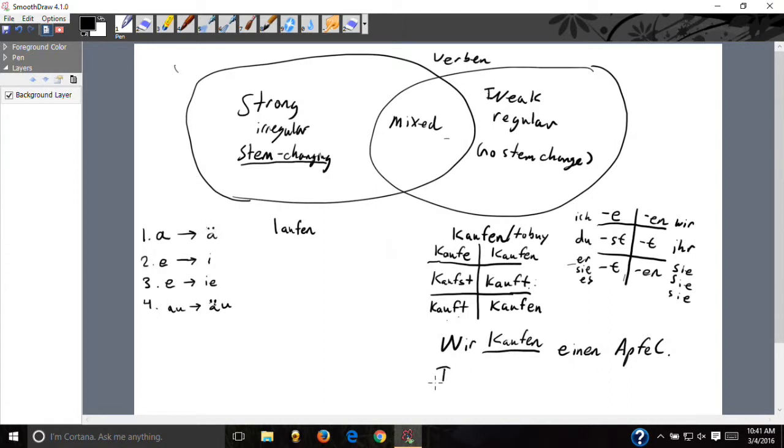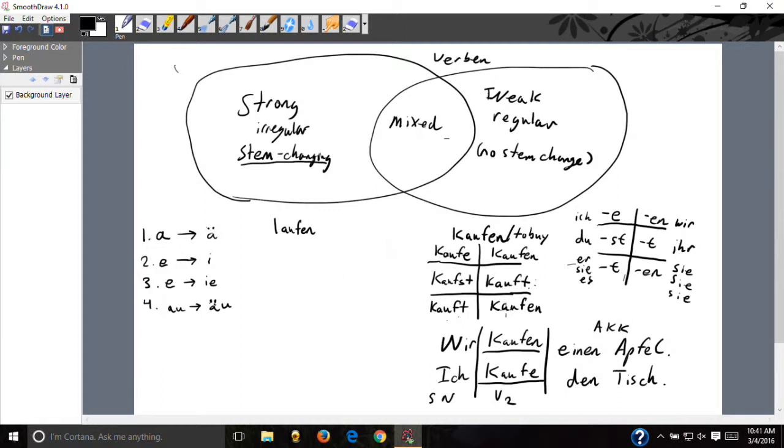Now if I were to say ich blank Tisch, here it would actually change to ich kaufe. Remember that the verb is always in second position. Here I have some direct objects, which means these are in the accusative case. And over here I have my subjects, which are in the nominative case.